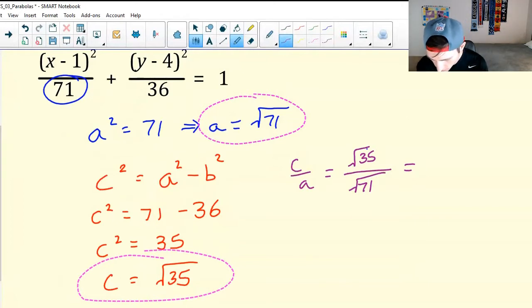So square root of 35 divided by square root of 71, and we get 0.7.